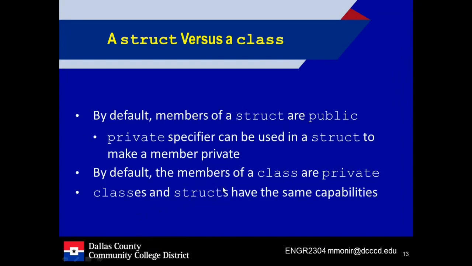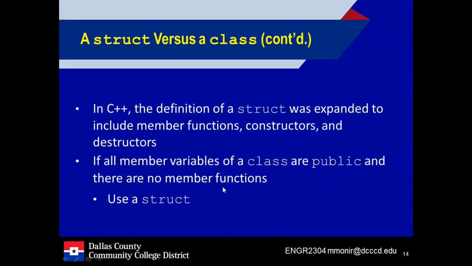Classes and structs have the same capabilities. In C++, the definition of a struct was expanded to include member functions, constructors, and destructors. So everything which a class can do is easily done by a struct. If all member variables of a class are public and there are no member functions, we may use a struct, but this struct is only specific to C++.